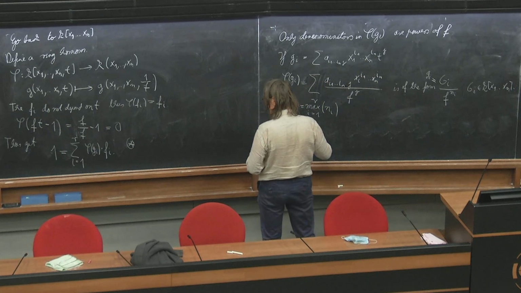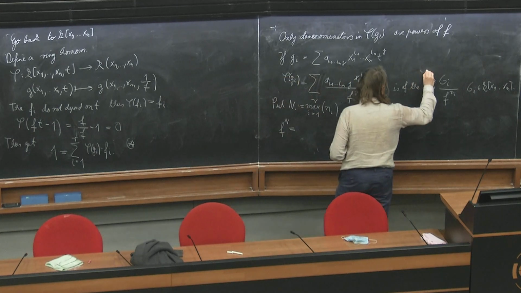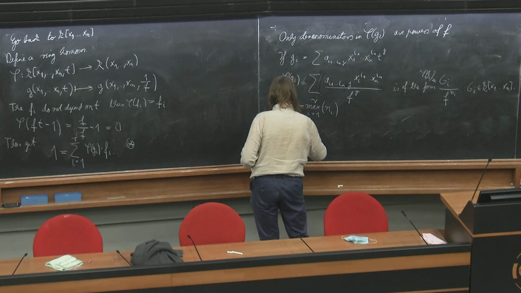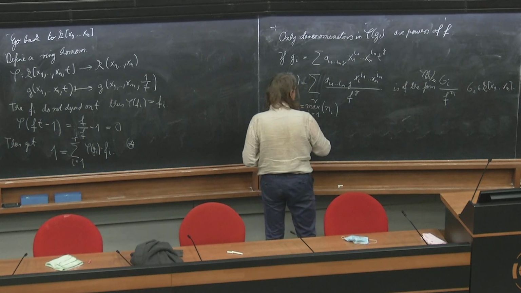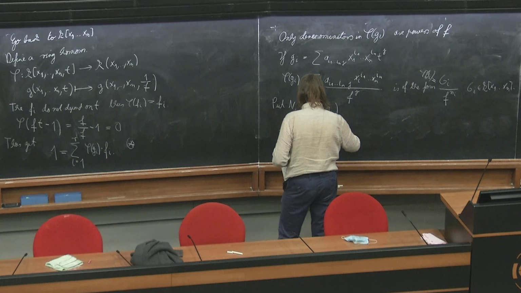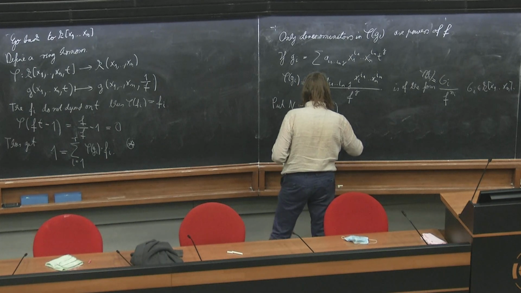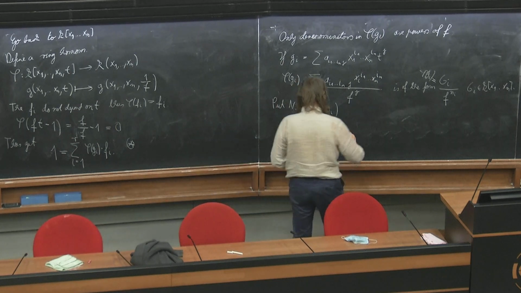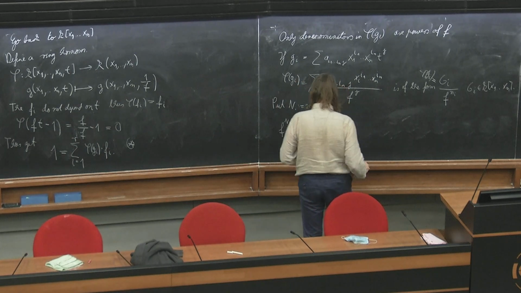So phi of g_i is equal to this: the sum i equals 1 to r of g_i times f to the n minus n_i times f_i.